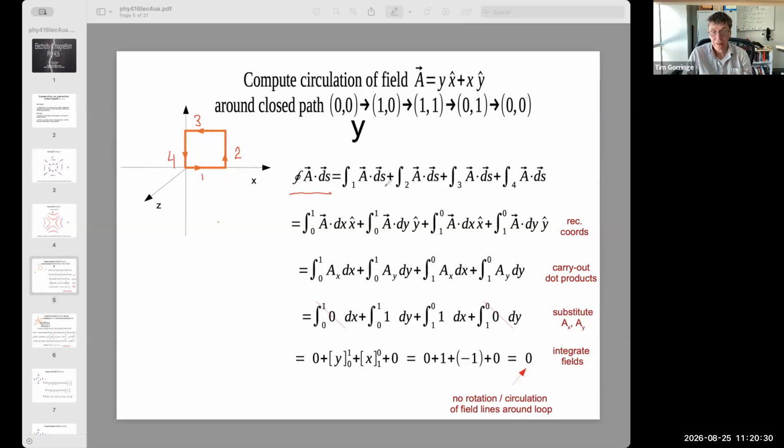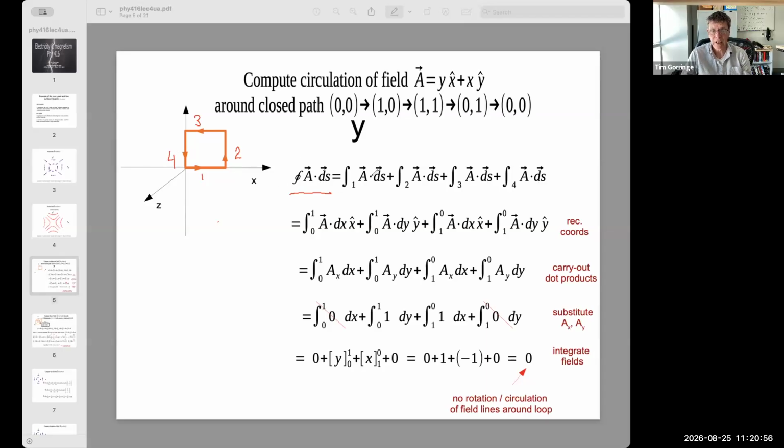Given our rectangular coordinates for the field, and given our rectangular loop that we're going to walk around, it's obvious that we're going to break this calculation into 4 steps: along the horizontal side, label 1, vertical side 2, horizontal side again, label 3, and vertical side, label 4.